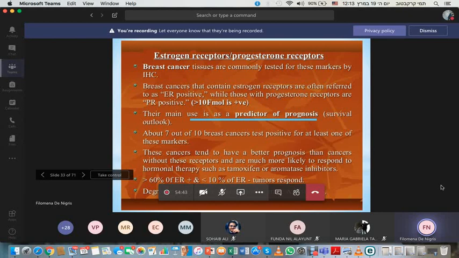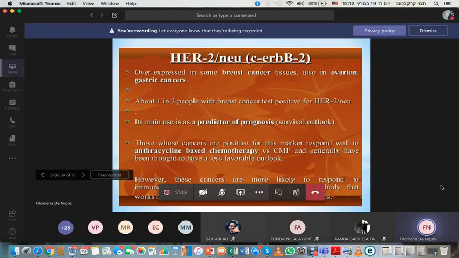They are good responders to this kind of therapy. Of course, the degree, I remind you, is determined by immunohistochemistry from biopsy, not in blood. Blood is not a good indication.